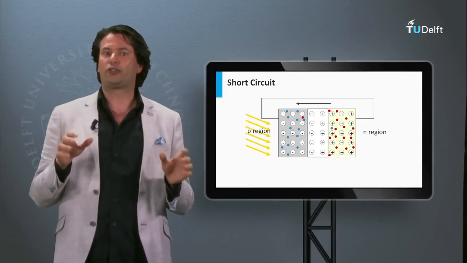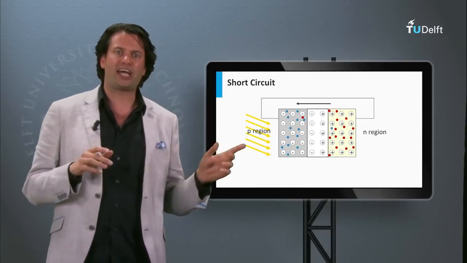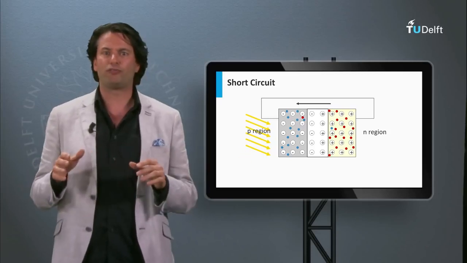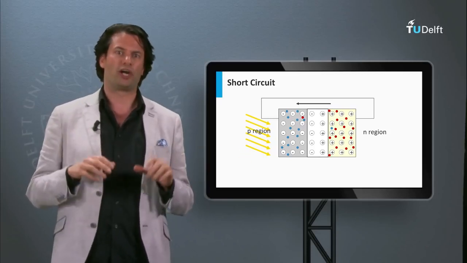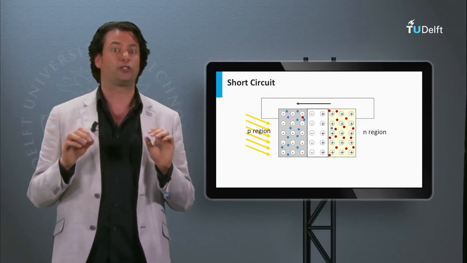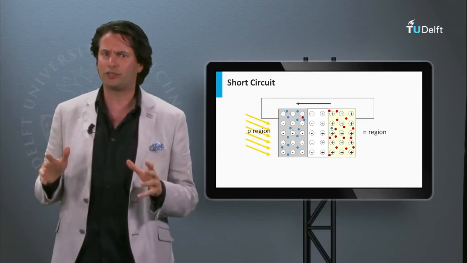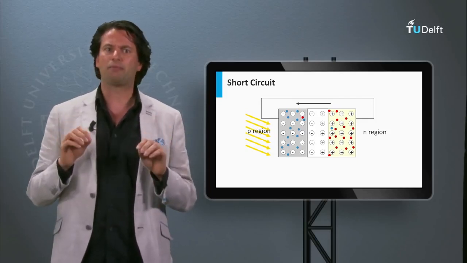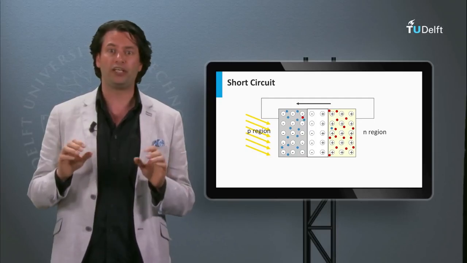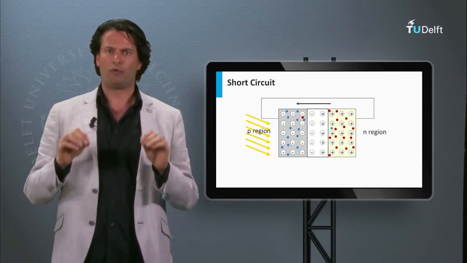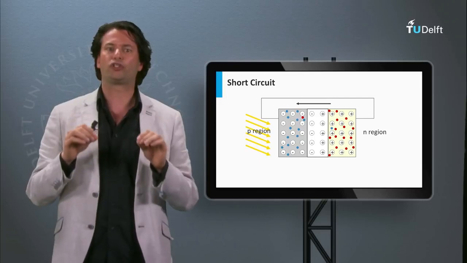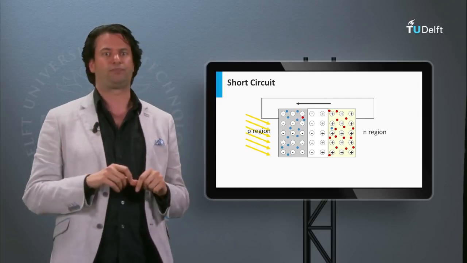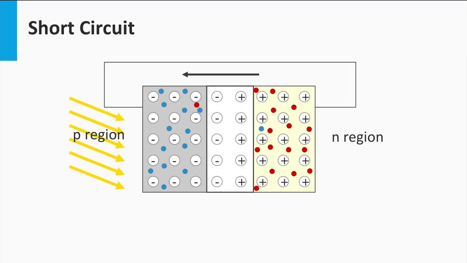Using an electrical circuit, we connect the contact at the p-doped silicon with that of the n-doped silicon. Or in other words, we short-circuit the PN junction. In this condition, the illuminated PN junction will produce only an electrical current. We call this current the short-circuit current of a solar cell. We can make a very simplified animation of the journey of the generated charge carriers.